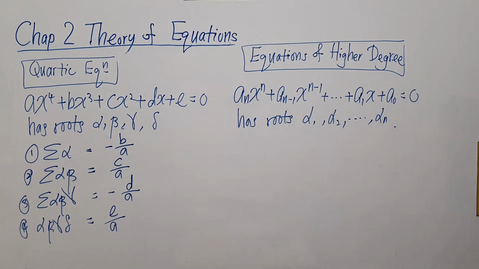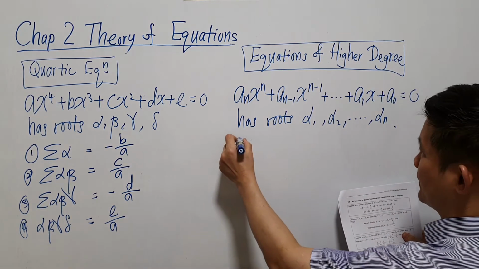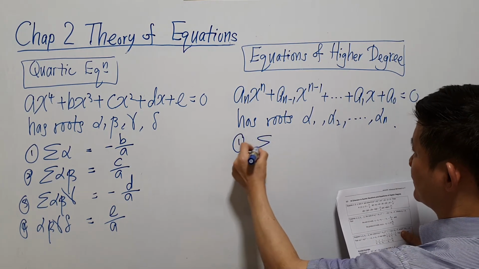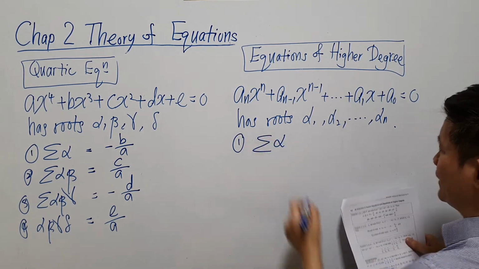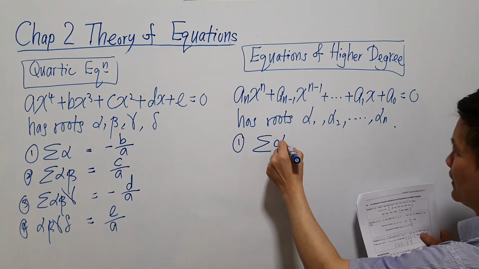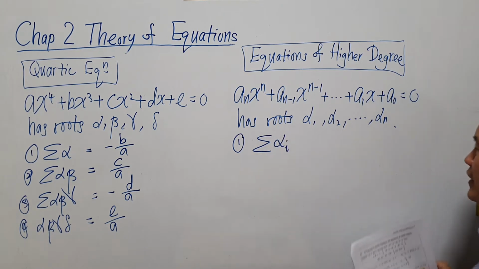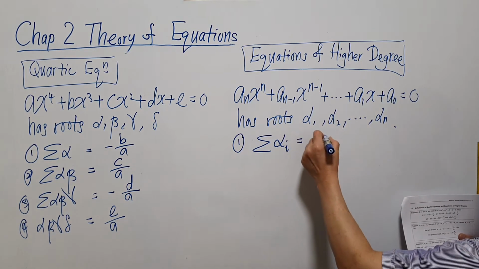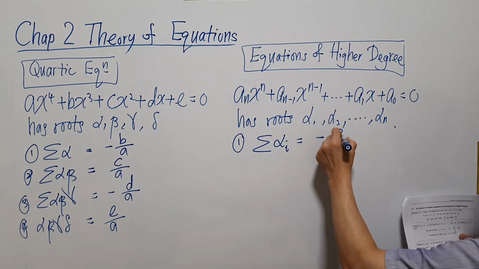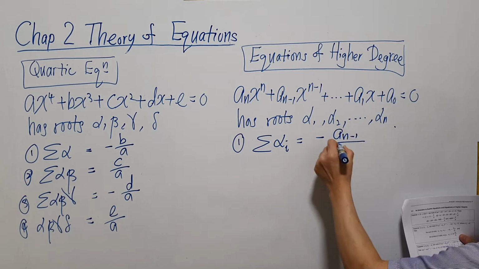So if this equation, which is of degree n, has these roots, you want to know that a similar result holds true. Number 1, the summation of all the roots, right? If I call them just like that, the summation of all the roots is equal to minus the second coefficient over the first.